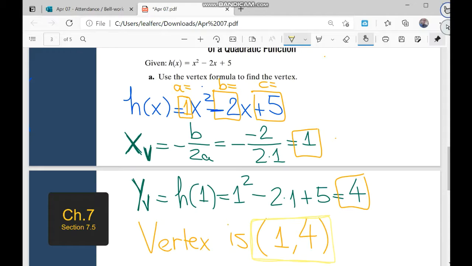Tell me, do you have questions? Is there any step you didn't understand? I know it's a bit harder than the work we did yesterday, because yesterday we worked with the vertex form. You just look at the function and you can find x, you can find y very easily.